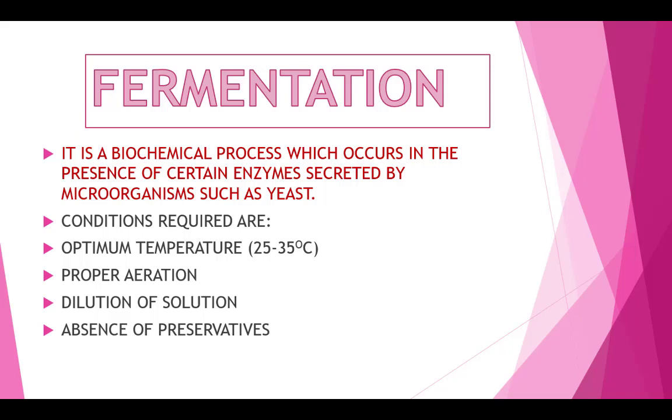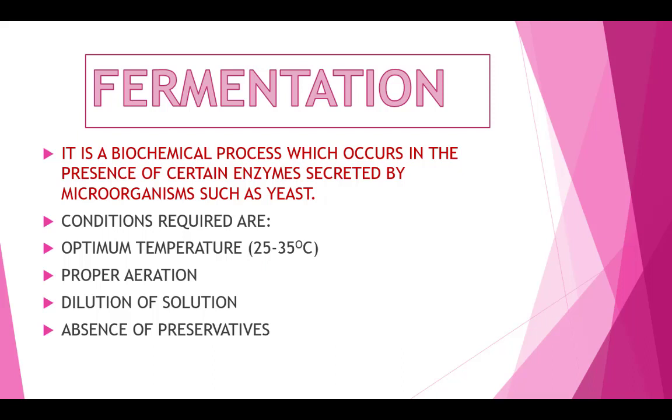So fermentation is a biochemical process which occurs with the help of microorganisms, and these microorganisms secrete some particular enzymes, and this process requires some conditions that are required by the enzymes, because enzymes are very sensitive species.